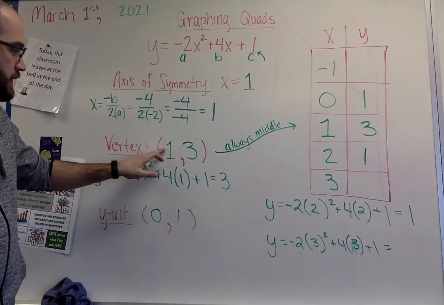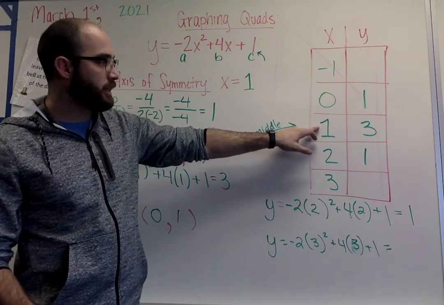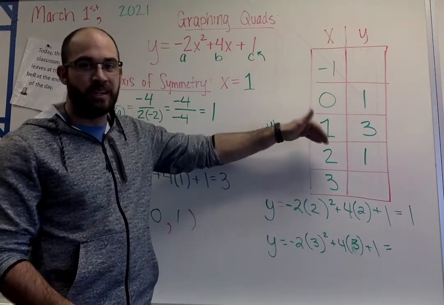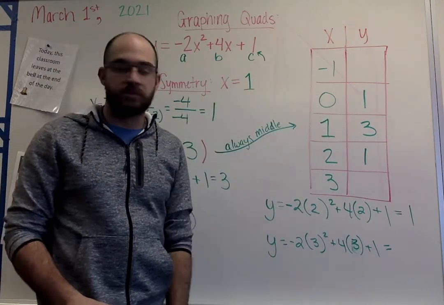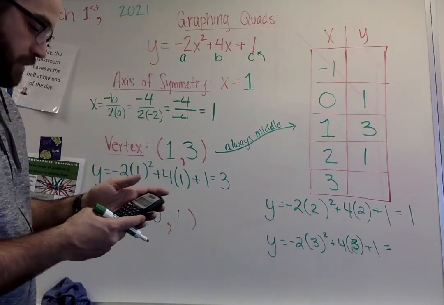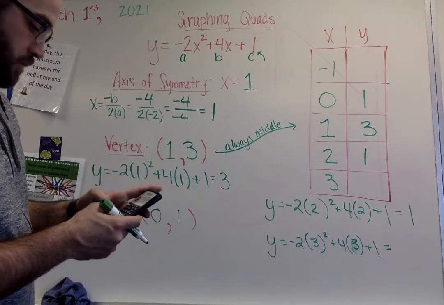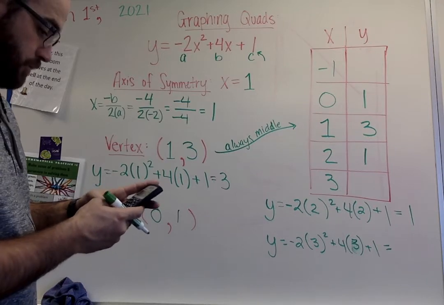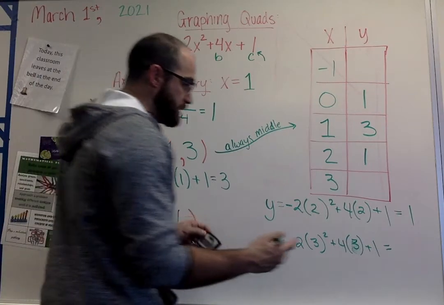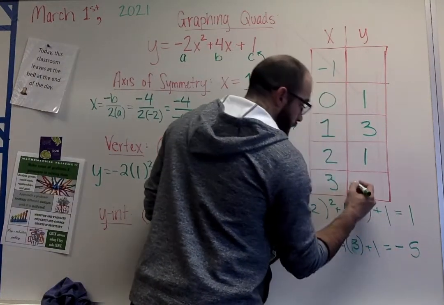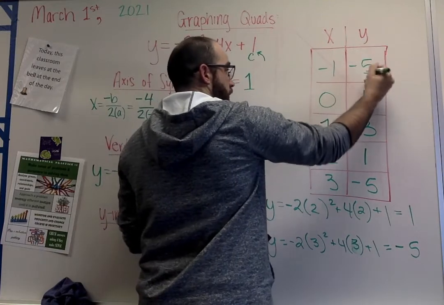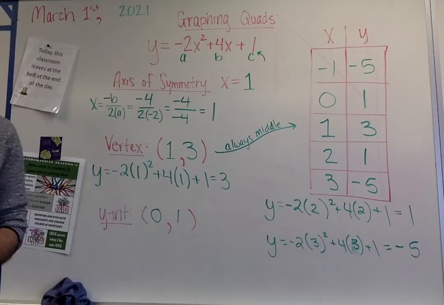My vertex's x value is 1, so I put 1 here in the middle, and then I just chose 2 and 3 because that's the next numbers after it, 0 and -1 because they're the next numbers. Okay, so I'm going to plug in my point here, so I've got -2(3 squared) plus 4(3) plus 1, and this gets me a -5. So again, I put my -5 here, and it has a mirror image up above for -5.